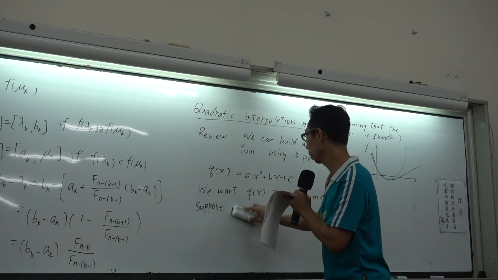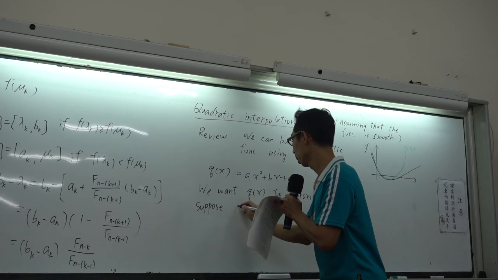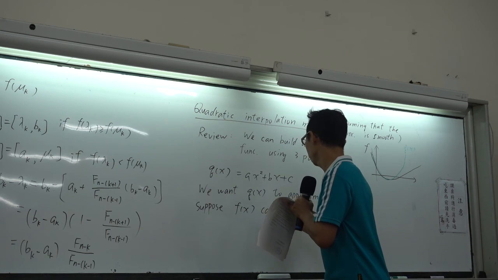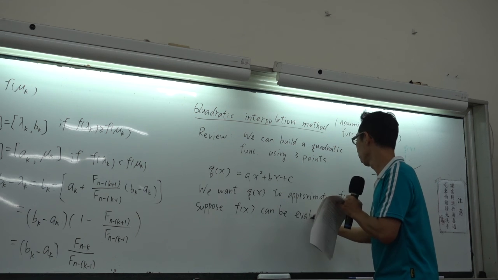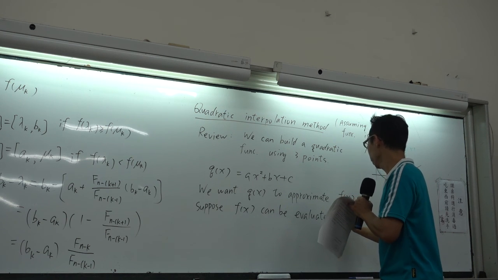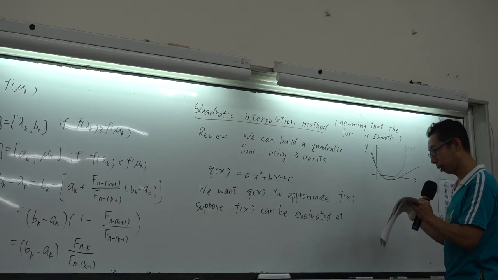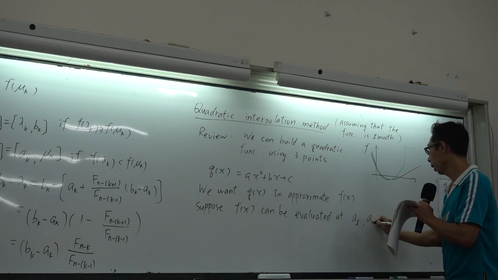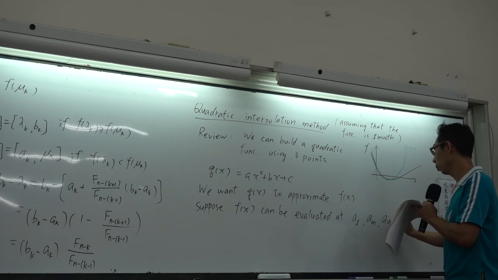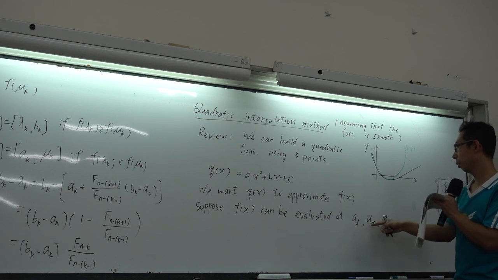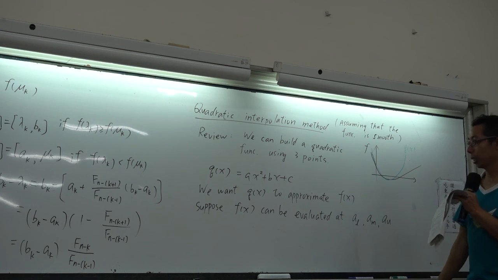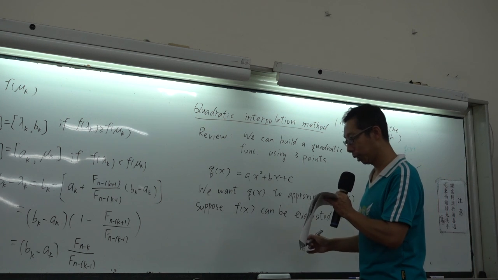Suppose the function f of x is evaluated at 3 different points. Over here I use the 3 points AL, AM, and AU, meaning lower point, middle point, and upper point. Okay. Suppose f of x can be evaluated at the 3 points.